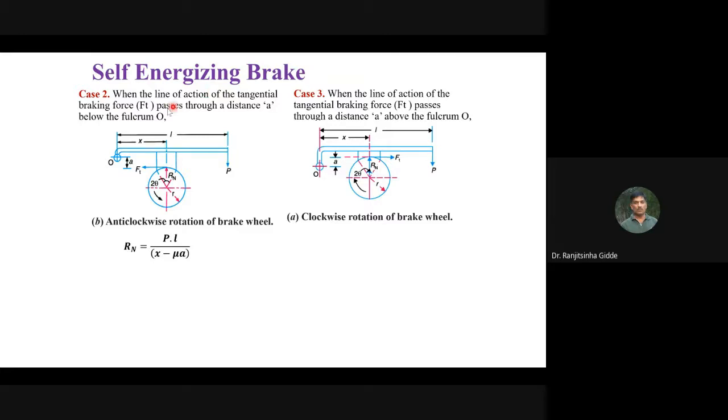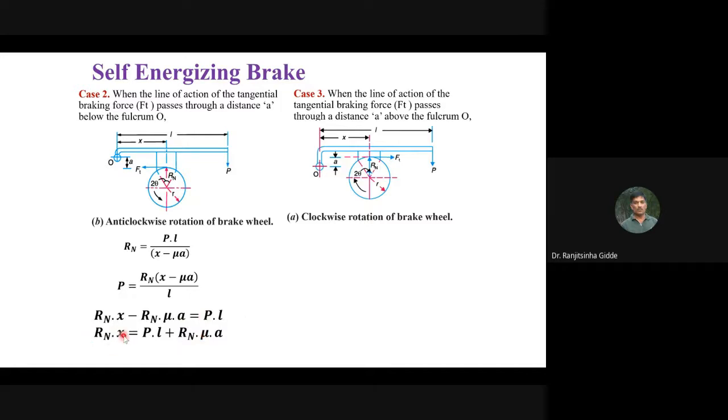What is a self-energizing brake? This is the value of P just by rearranging the terms. Then from this we can cross multiply, P into L. This is written here: Rn into X, with the bracket expanded, Rn into X minus Rn into mu into A, is equal to P L.